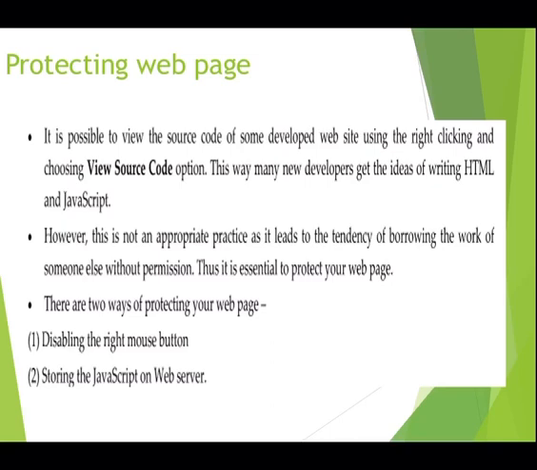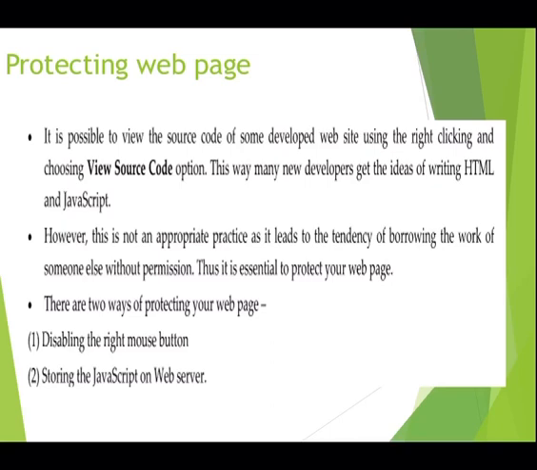When you choose it, all your HTML and JavaScript code is visible. So it is possible that some new developers may copy your code and use it for other purposes.